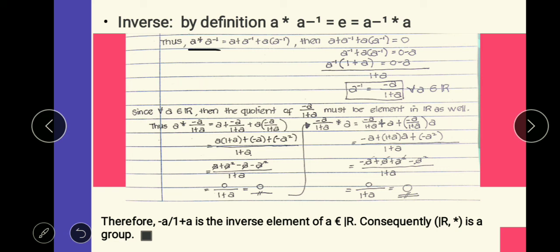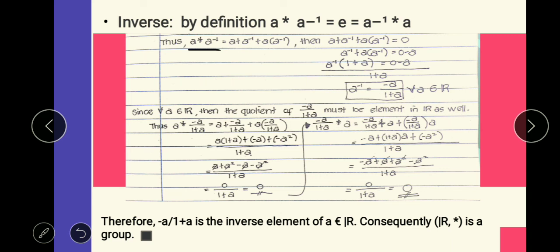Now, manipulate the equation. We get A inverse is equal to negative A over 1 plus A, for all A element in R. Since this holds for all A element in R, then the quotient of negative A over 1 plus A must be an element in R as well.